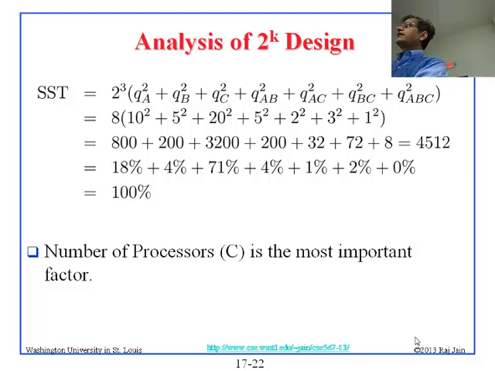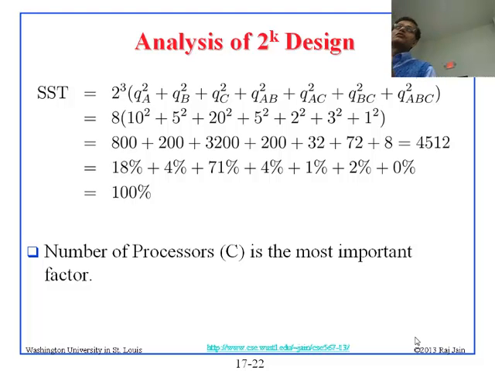What is next after the processor? What is the most important thing after the processor? Memory size. That explains 80%, 18%. The total of that would be 71 plus 18 would be 89%. Now do you care?